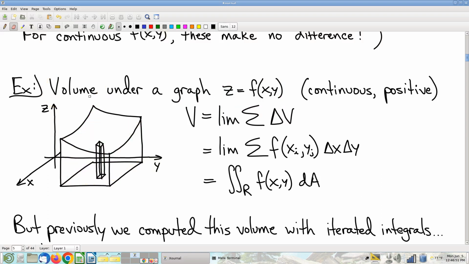I'm going to argue that this amount of volume is the sum of little pieces of volume that look like this, where I get one of those, I call them French fries, for each little piece of area down here in the domain. So the idea is I've taken my domain and I've sliced it in both directions.